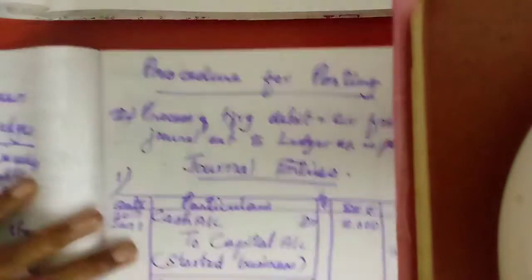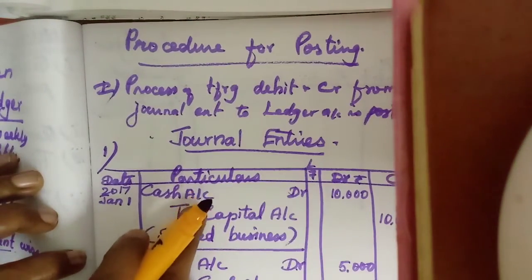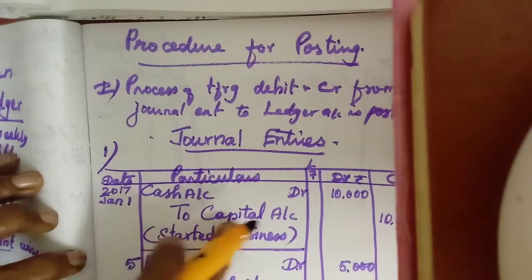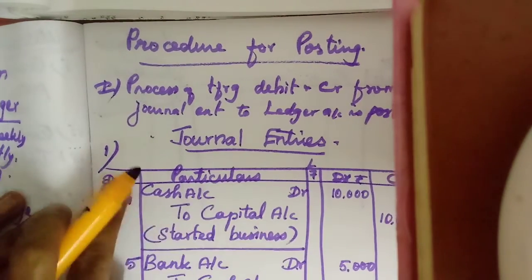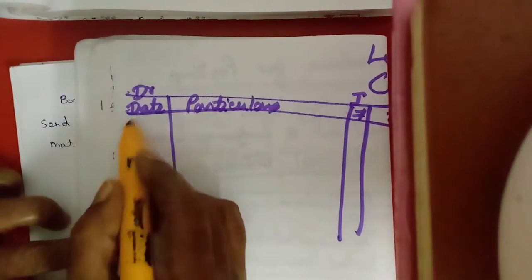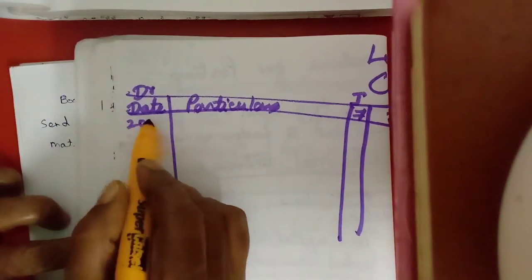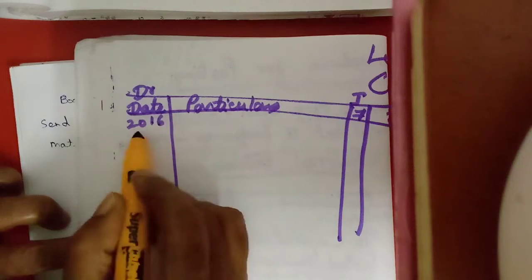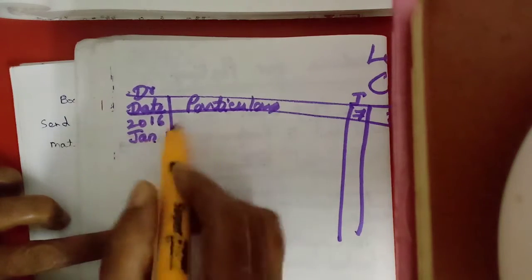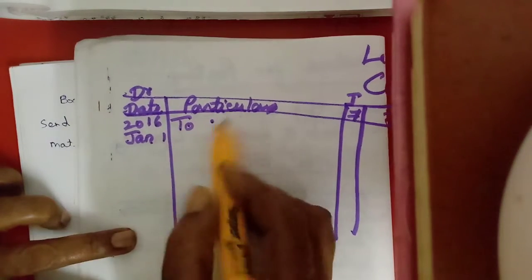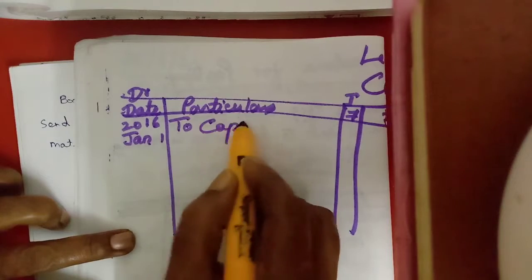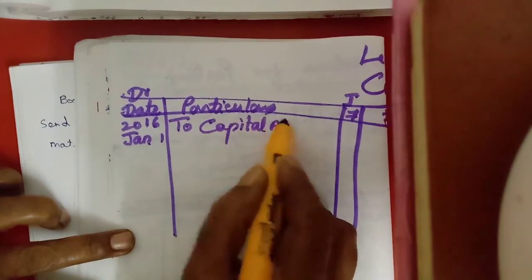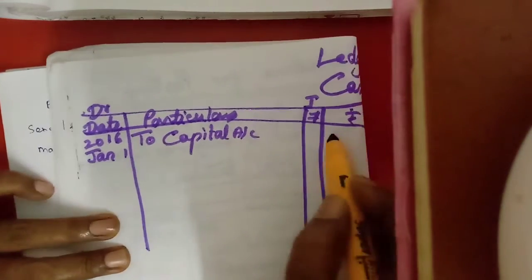Now you see cash account is debited, so we should write on the debit side as 'to capital'. Before that we should write the date: 2016 Jan 1, to capital account, 10,000.